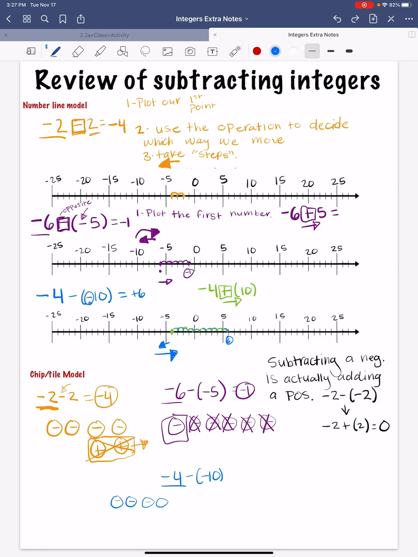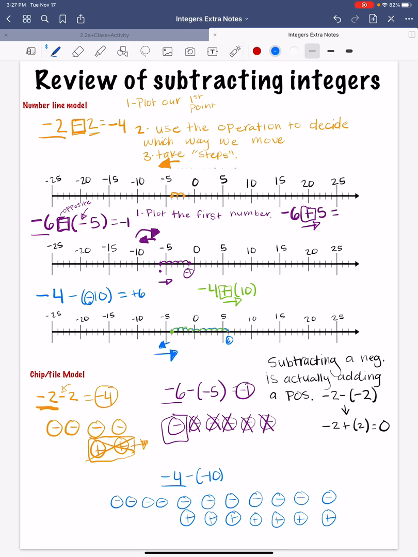So we have to add some 0 pairs. We're going to add 1 0 pair, 2 0 pair, 3 0 pair, 4 0 pair, 5 0 pair, 6 0 pair, and for fun we'll add 7. Okay, and remember, you could have added 15 of those. It would not have made any difference.